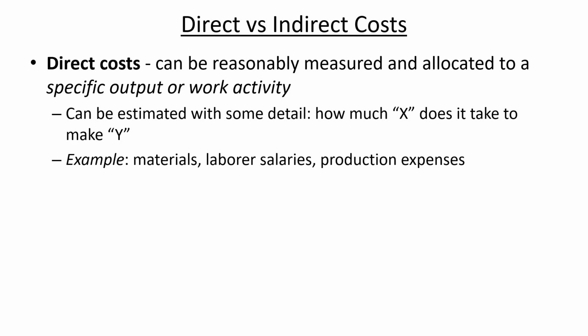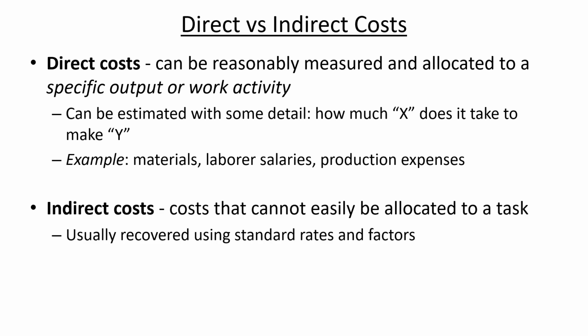That can be applied to labor salaries, applied to production expenses, but indirect costs are things where you couldn't necessarily answer the question of how much of that does it take to make a certain thing. And so if it can't be allocated to a task, then we'll usually try to recover indirect costs by just using a percentage or a flat rate or some kind of a factor.